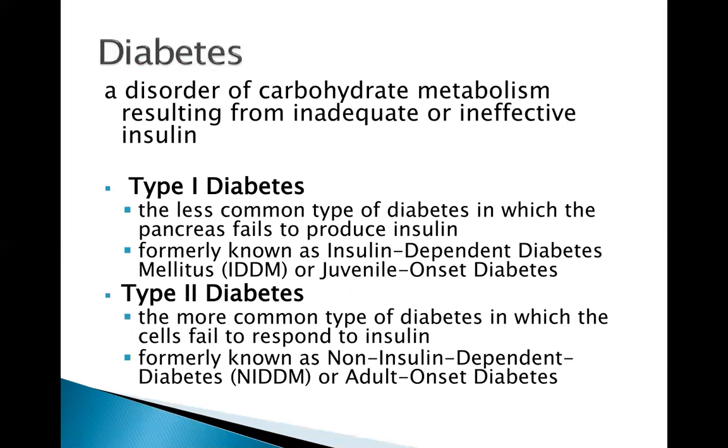Specifically in this instance, the body attacks the cells in the pancreas, the beta cells. When the body attacks these cells, they can no longer produce insulin, and so the body can't bring glucose into the cells, and glucose circulates in the bloodstream at really high levels, which can be very dangerous, eventually even leading to death if undiagnosed or untreated.